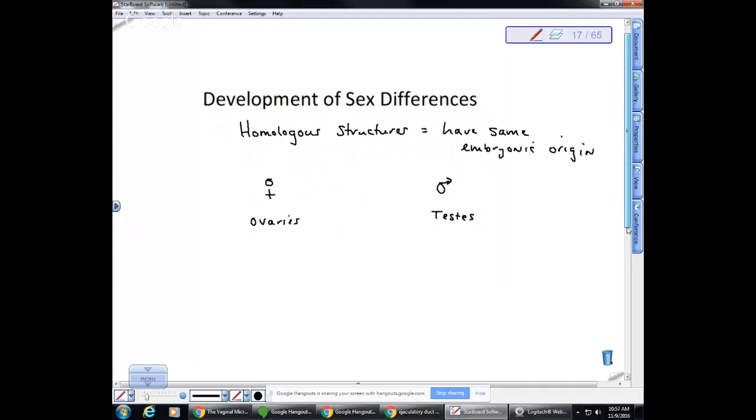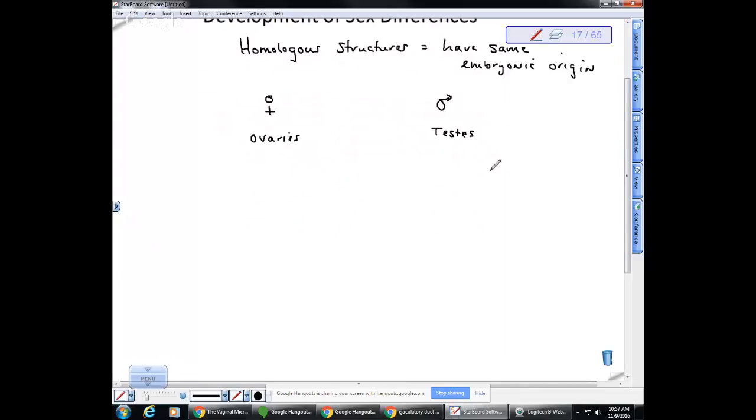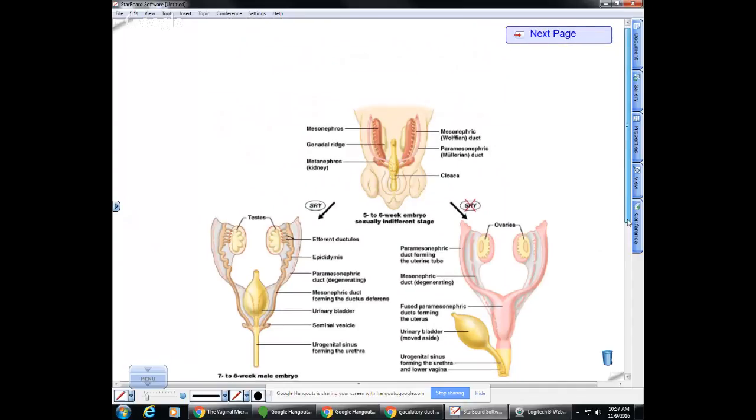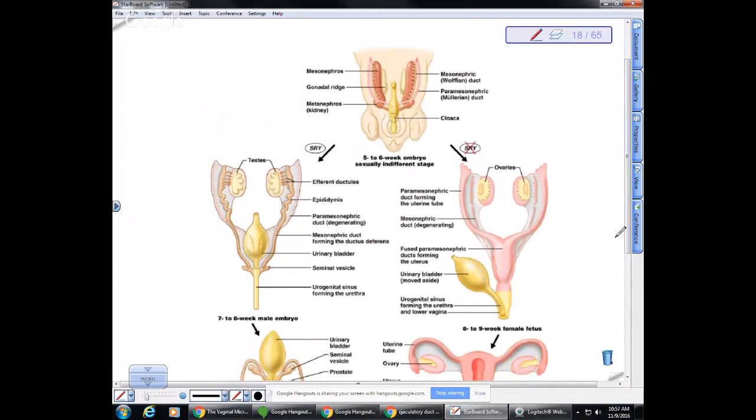Now the ducts are not homologous. When we look at the oviduct and the ductus deferens, they are two separate tissues. If we look at a diagram of this, this is early embryonic development, at about 5 and 6 weeks. You notice that the kidney looks really weird here. It is in red. Our kidney goes through 3 different stages of being built.